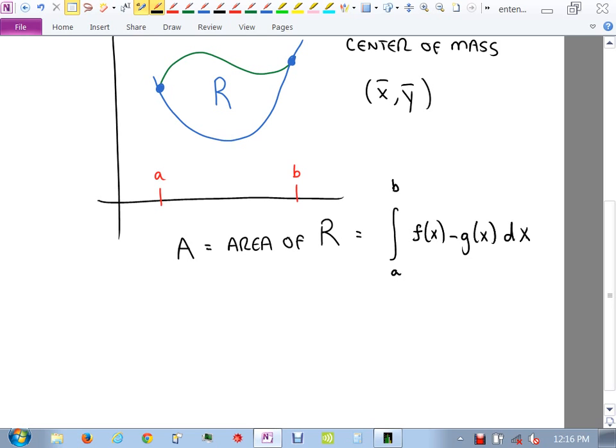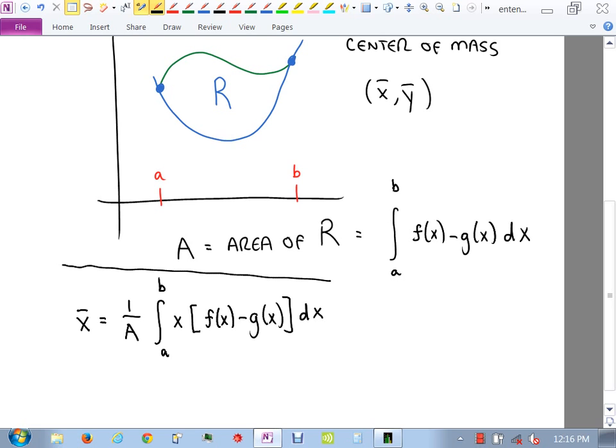Now, let me tell you what x bar and y bar are. X bar will always be 1 over A times the integral from a to b of x times f of x minus g of x dx. So you'd have to be able to compute this integral to get x bar.